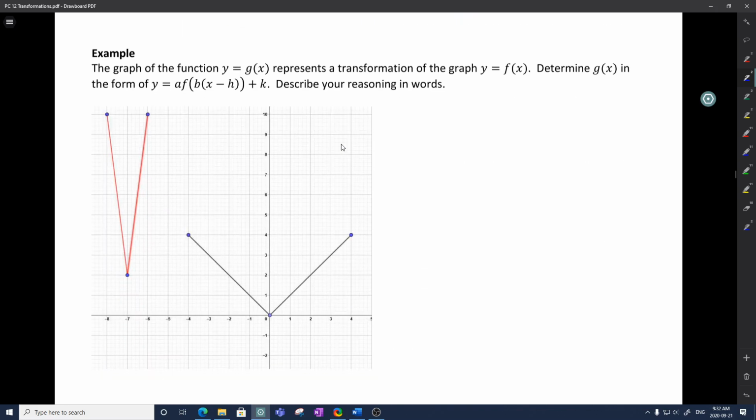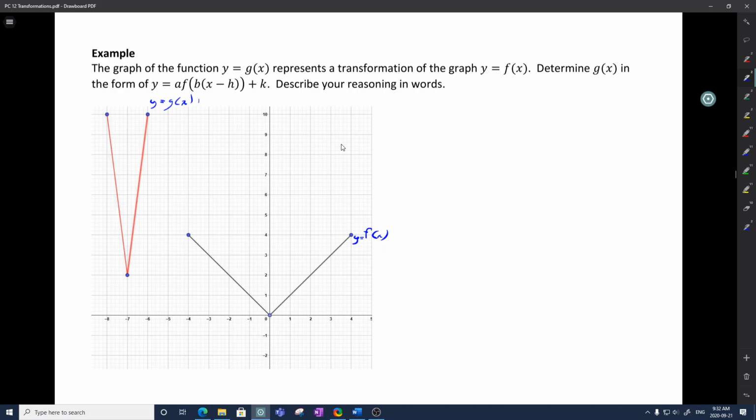We're going to graph the function y is equal to g of x, which represents the transformation of y is equal to f of x. So determine g of x in the form. I guess perhaps this is a lot of words. The graph of y is equal to g of x represents a transformation of the graph y is equal to f of x.